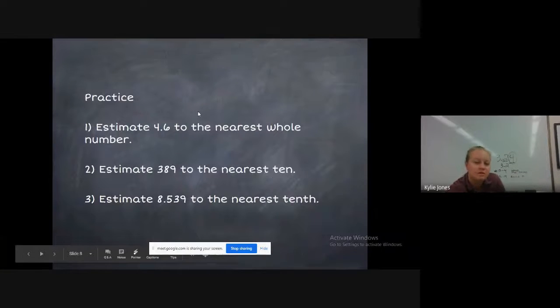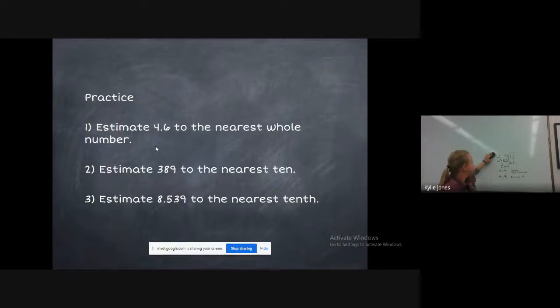So let's start with number 1. It says estimate 4 6/10 to the nearest whole number. 4 6/10 to the nearest whole number. Go ahead and take 30 seconds. Try that one, and then I'm also going to go back to the whiteboard up here and show you guys as well.